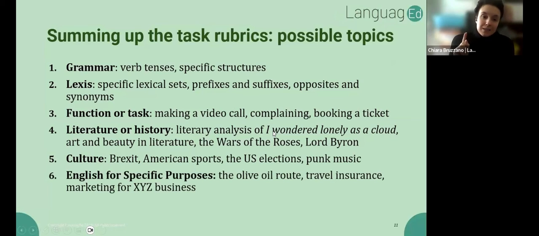You might get an English for specific purposes task, and this is to do mostly with the istituti tecnici and istituti professionali, so the olive oil route, travel insurance for example, for a turistico, marketing for a specific type of business.